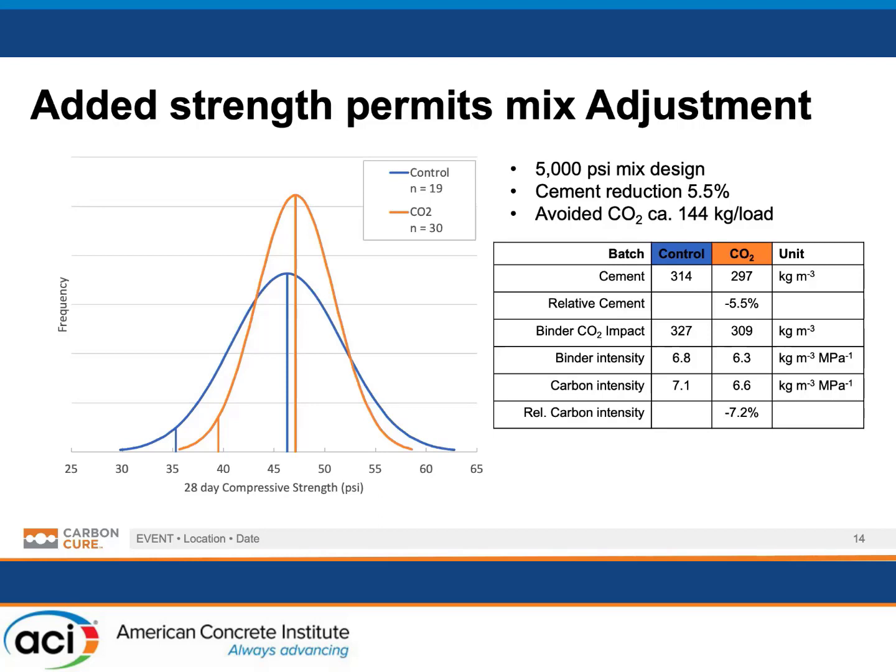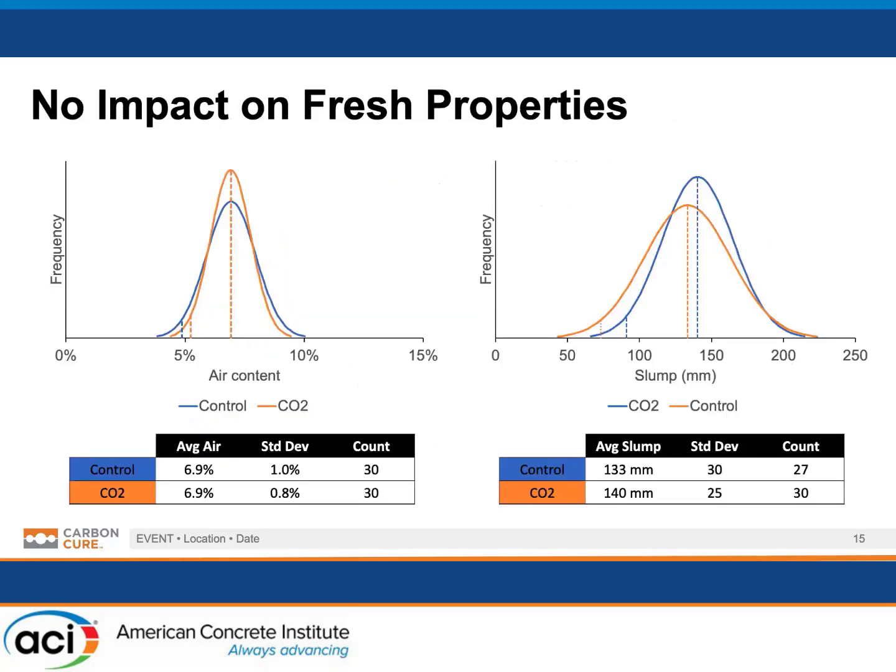So the environmental benefit is not so tied up in the CO2 mineralization itself, but comes with the avoided Portland cement. Now, to make this viable, you can't be doing anything to the concrete producer that's going to cause problems downstream. The air content is not changed by addition of the CO2.